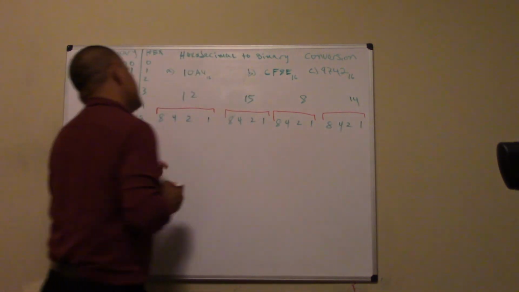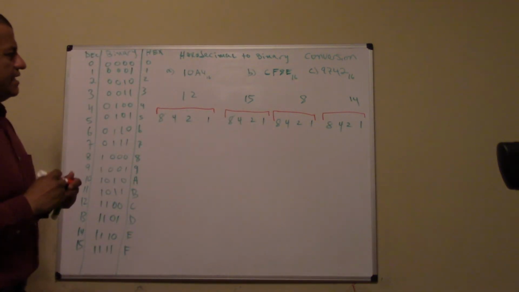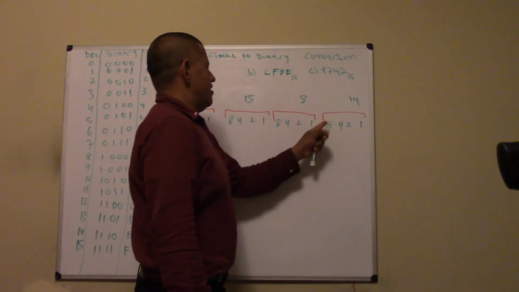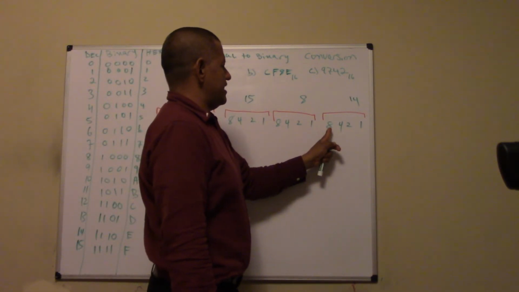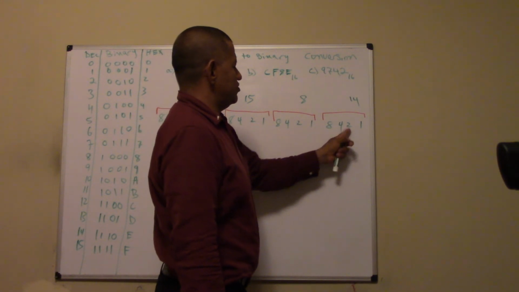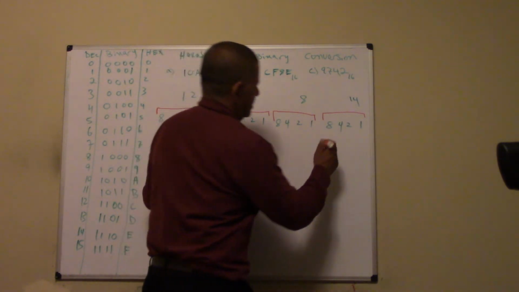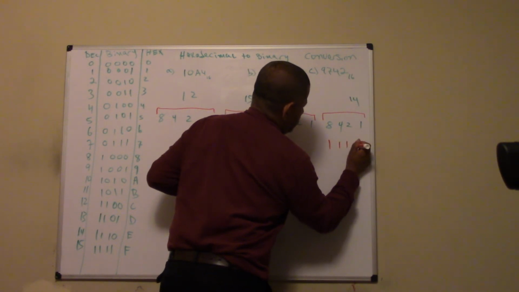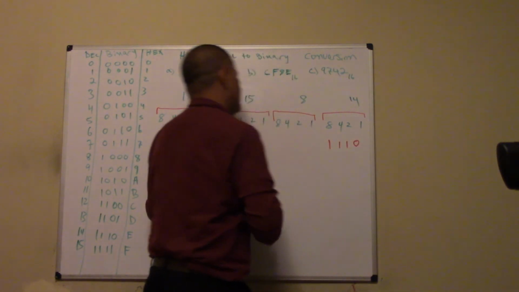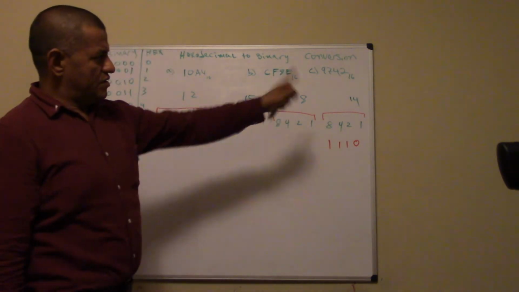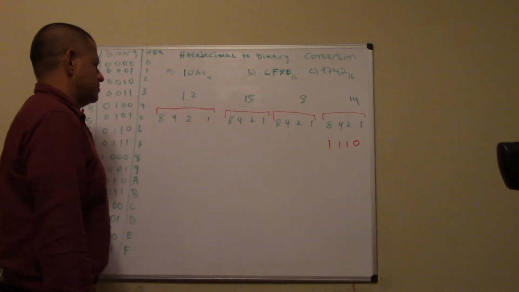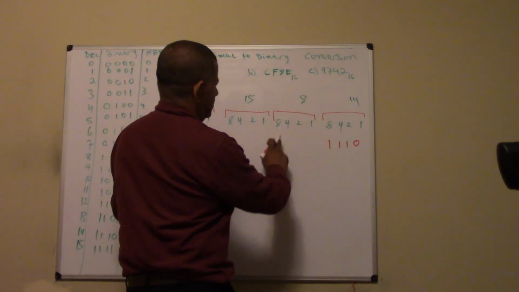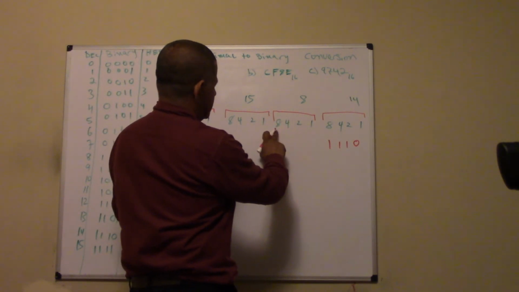Okay, so now that I have this separated like that, how do I get 14 here? Well, I get 14 by adding 8 plus 4 plus 2. So this needs to be on, this on, this on, and this one off. That is for 14. How do I get 8 here? It's right there.